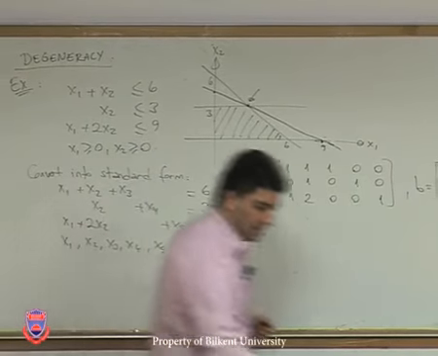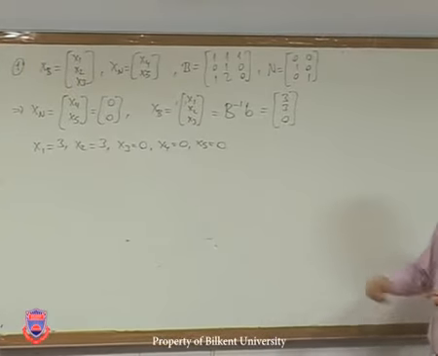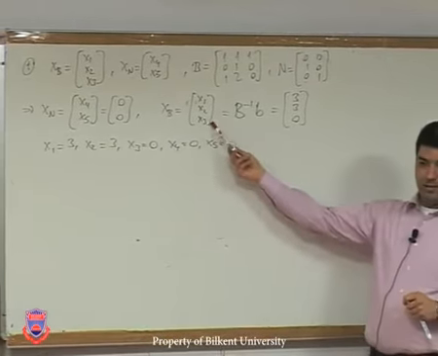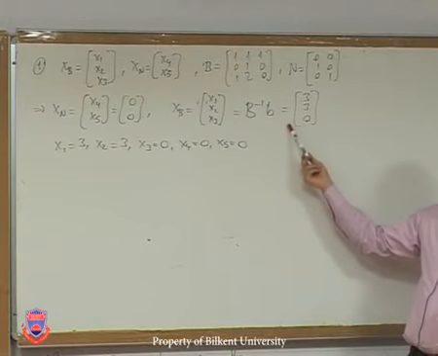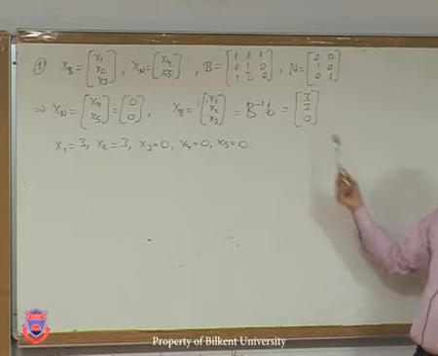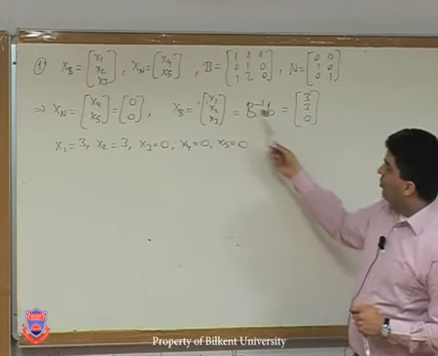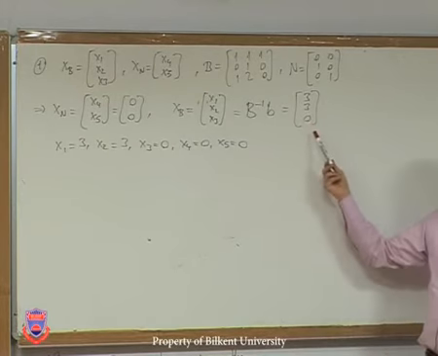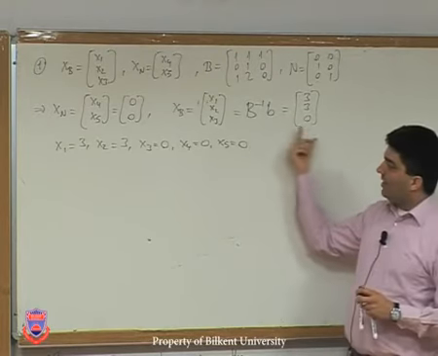Now, there's one thing that I'd like to draw your attention to. If you look at the basic variable x3, x3 is a basic variable, but its value is equal to 0. Now, in all the examples that we have seen so far, all the basic variables always had positive values. So this is the first example where out of 3 variables, only the first 2 have positive values, but the third one is equal to 0. So in a sense, the third basic variable is like a non-basic variable.